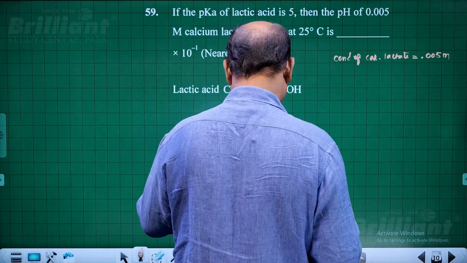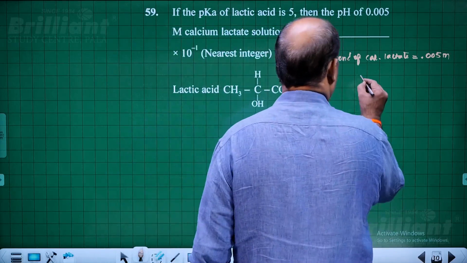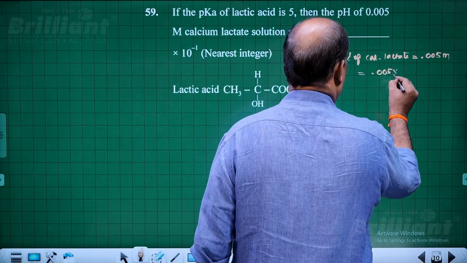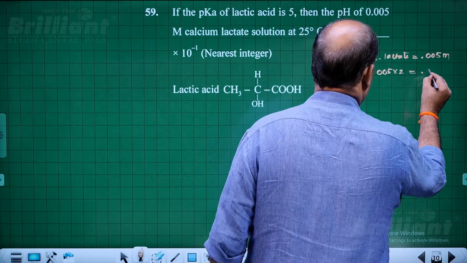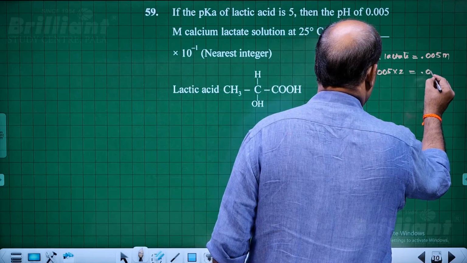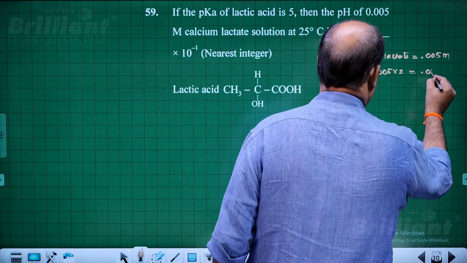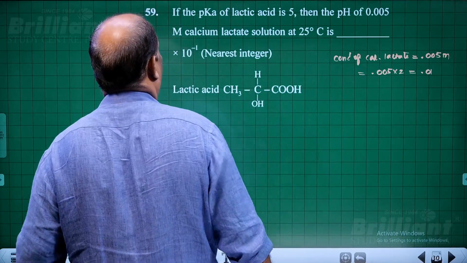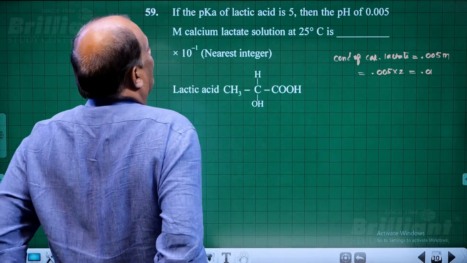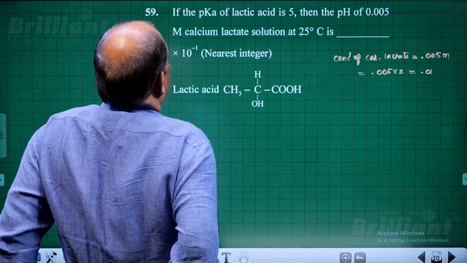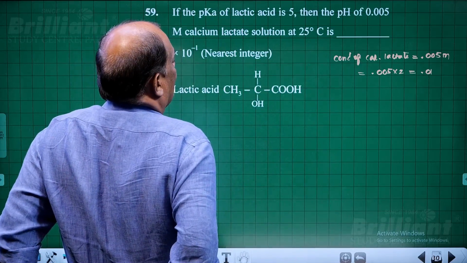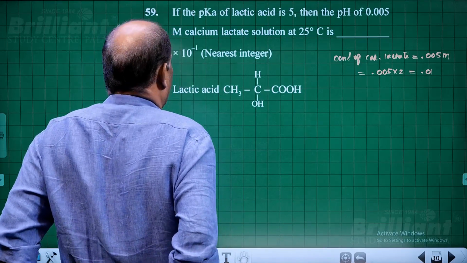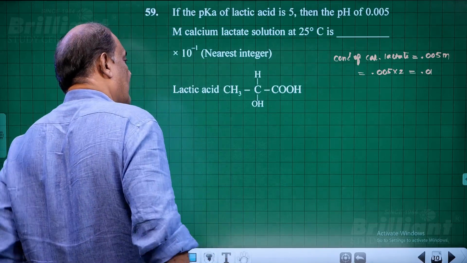Then what has he given? So this is equal to 0.005 into 2 is equal to 0.01. So the pK of lactic acid is 5, then the pH of 0.05 calcium lactate solution. Because lactate is converted into normality, because calcium is a divalent ion.